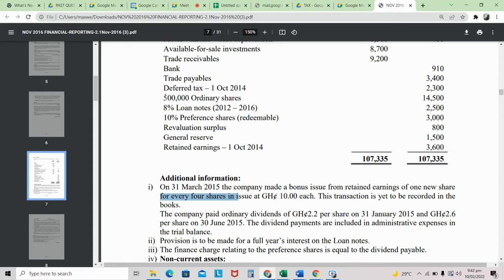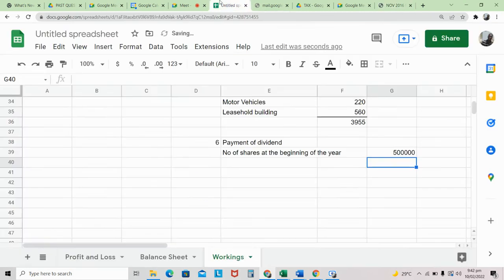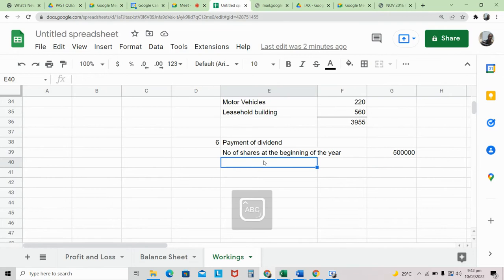So how do we know the number of new shares that came out of the bonus issue? The total number of shares at that time was 500,000, and they made one for four. Every four shares you have, you get one new share. So how many new shares came out of it? We need to find that.